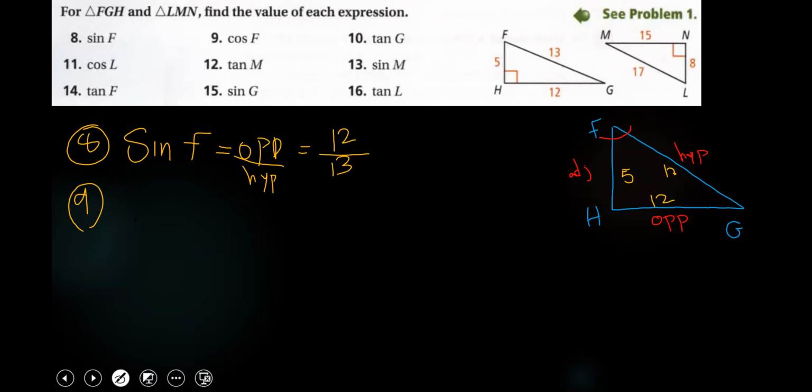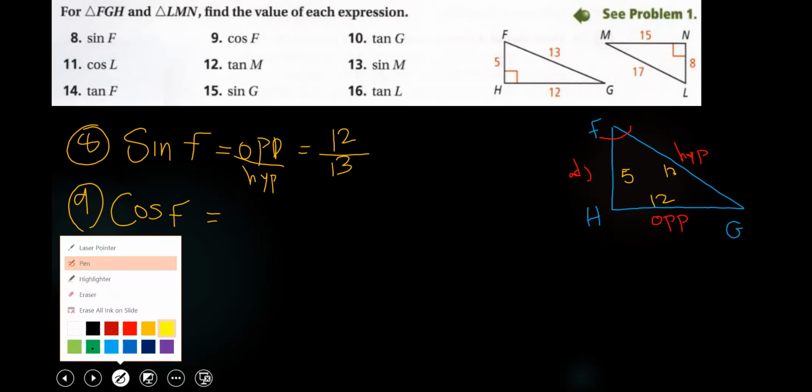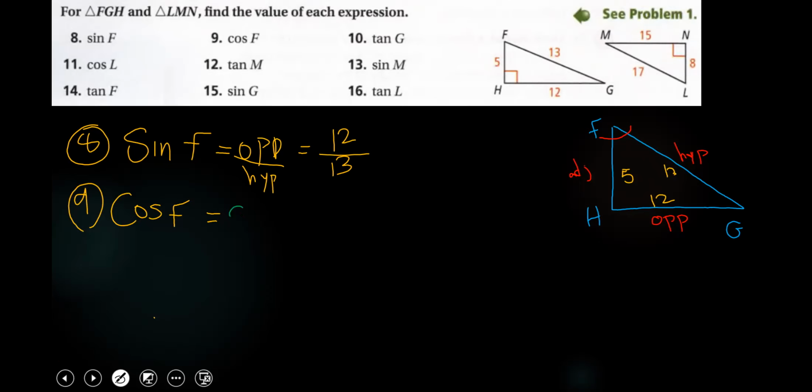Now number 9. I have to find now cosine F. Let's have now Basmala. Cosine F. Cosine is adjacent over hypotenuse.